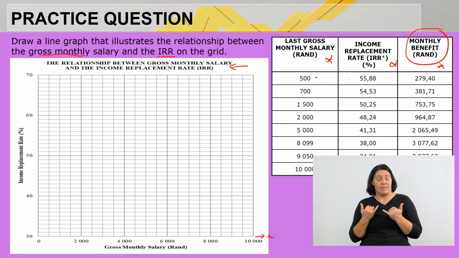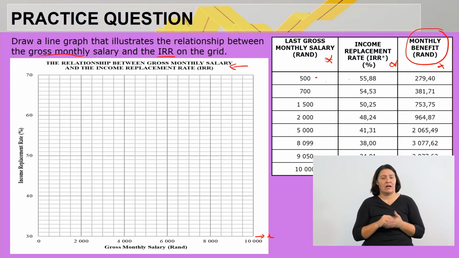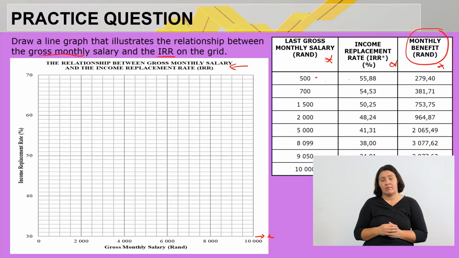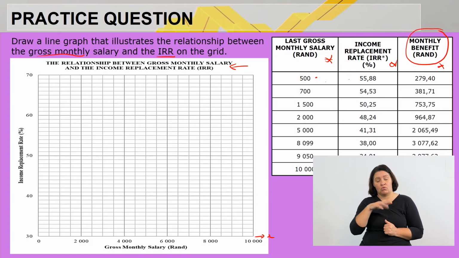Now it's a matter of bringing the two points together. Where they intersect, that's where I'm going to plot my point. If you look at my gross monthly salary, it's important to note the intervals are in 500s: 0, 500, 1,000, 1,500, 2,000.